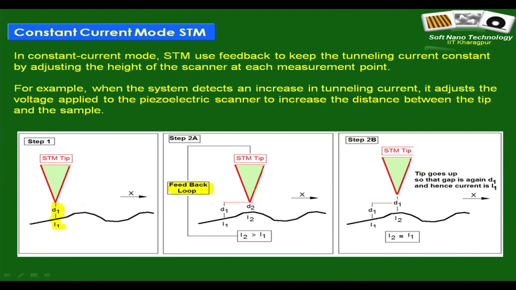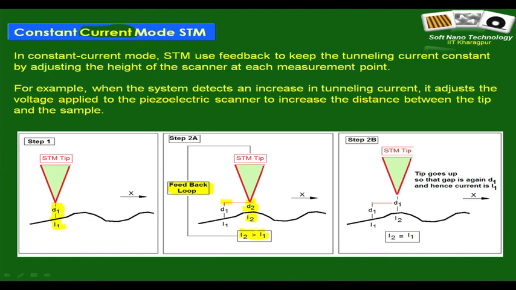And from this point 1, you move your tip just like before to point 2, where the separation distance is different, d2, and since according to the drawing d2 is less than d1, the tunneling current at that point, I2, is higher than I1. But what is the mode you are using? Constant current mode. That is, you want to maintain the current to be constant.